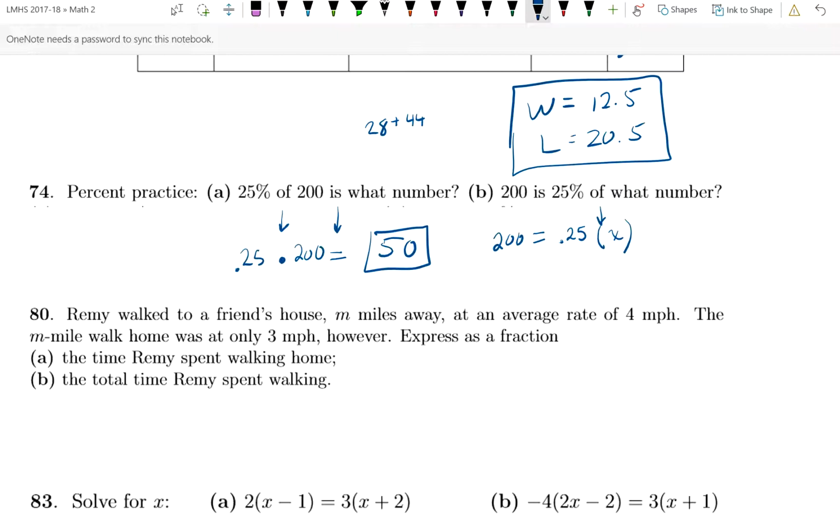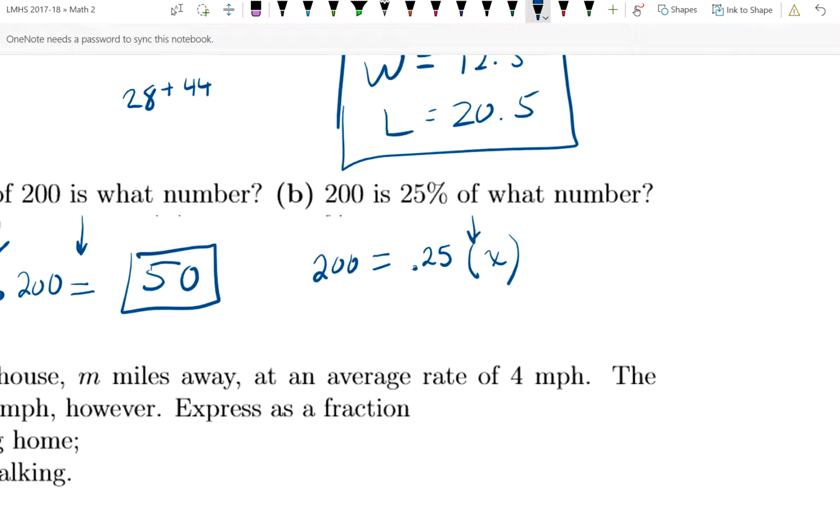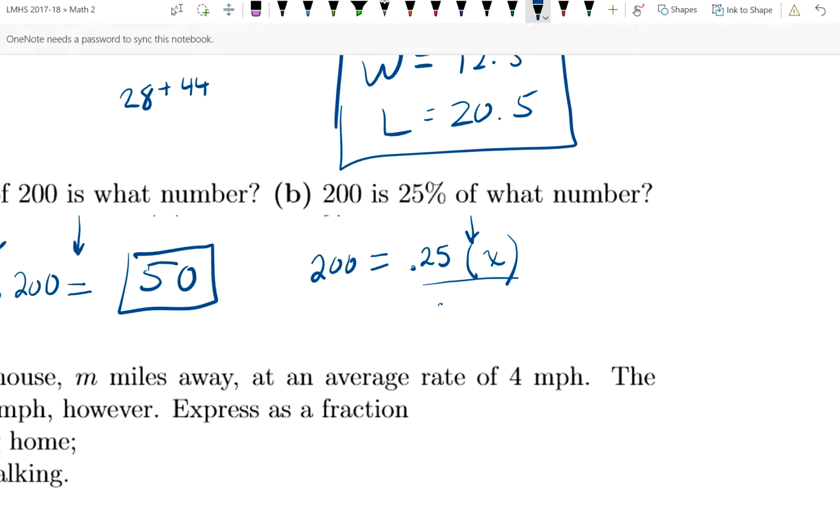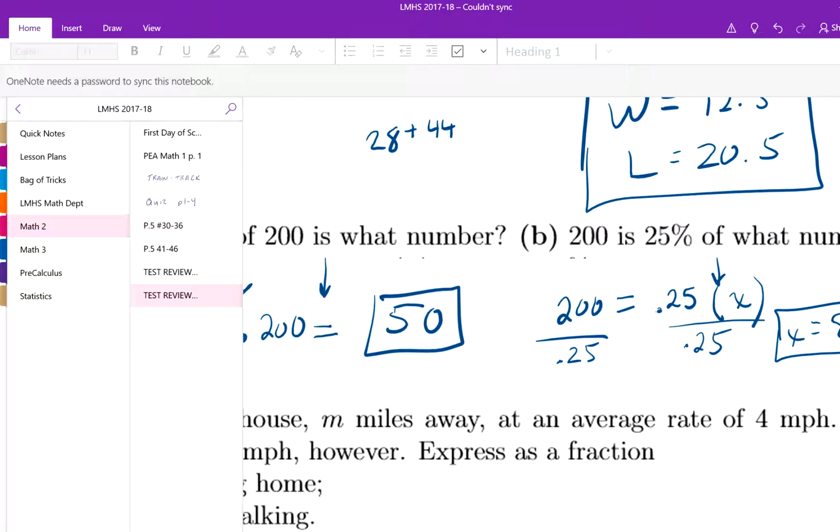It's 0.25x equals 200, so the 0.25. Calculator should give you 800. So make sure you can do that inside and out. Questions on any of those? All right, we'll do the rest of them tomorrow.